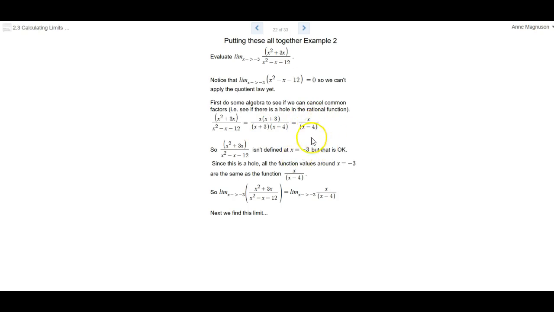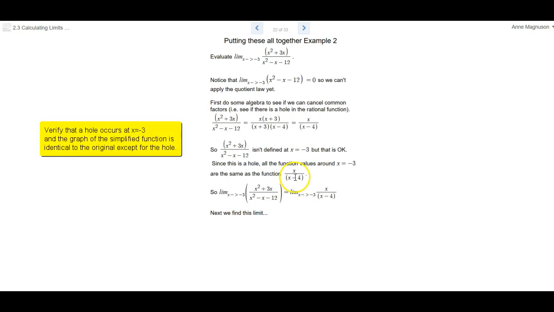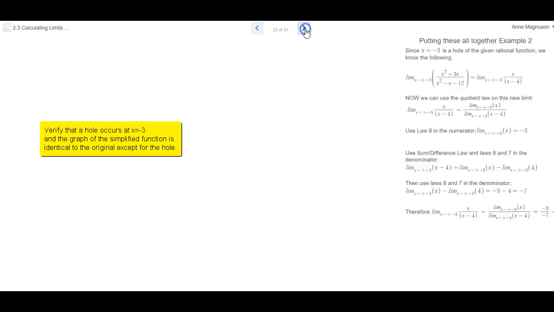So the values of this function all around x equals minus 3 are the same as the values of this function around x equals minus 3, right? All the other function values are the same between these two. So that means I can find the limit of this simplified function, and it's going to equal the limit of this original rational function. So let's look at that limit.